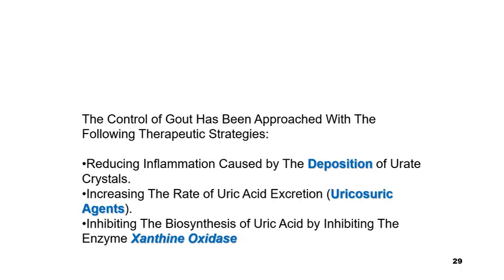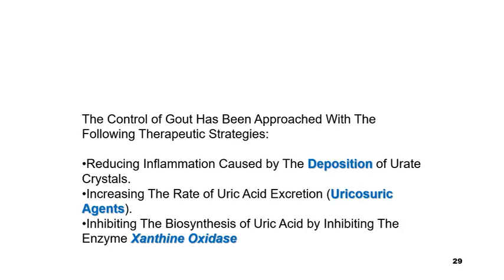First of all, to reduce the inflammation due to the deposition of urate or uric acid crystals, increasing the uric acid excretion, or inhibiting the biosynthesis of uric acid by inhibiting xanthine oxidase. So we have more than one strategic plan to treat gout.